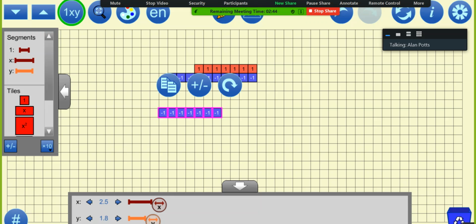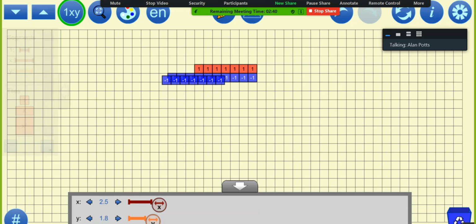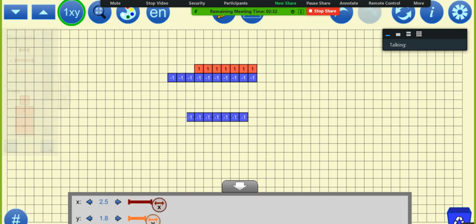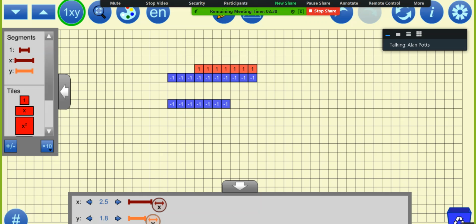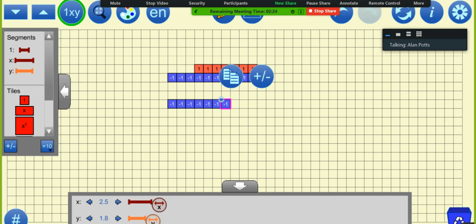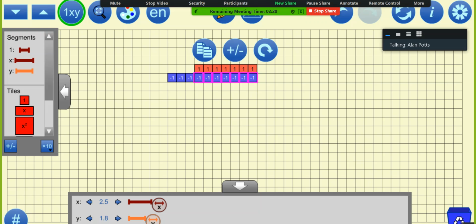What I can do now is subtract my -7. I need to subtract, so I'm going to get rid of them. I'm going to subtract them from this line, right?